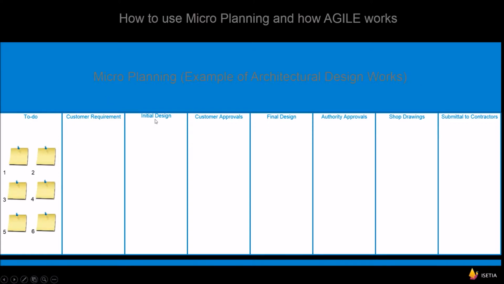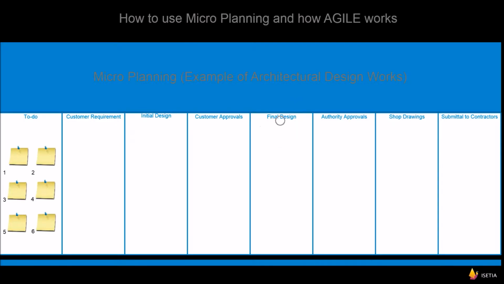Then we make the initial design, and following the initial design, we need customer approval, because the customer needs to approve that we are on the right way. If we get the approval, we move to the next step, the final design.